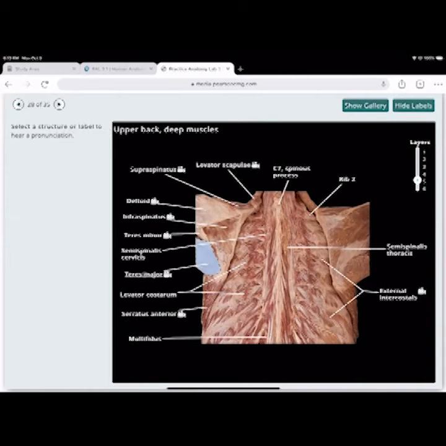The semispinalis cervicis, levator costarum, serratus anteriors, and the multifidus muscle. You have your external intercostals, your semispinalis thoracis. You have rib number 2 up there, and then C7 spinous process again. And one more dissection later to go deeper in that.